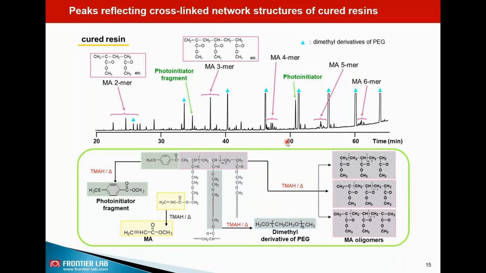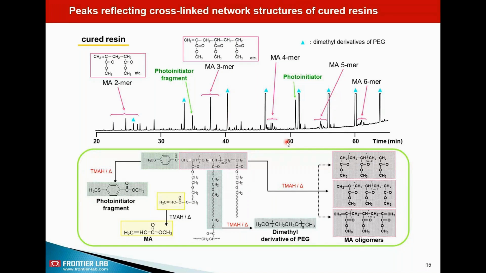The good thing in this PYGCMS workflow, you do not need to have a separate reaction time. Normally, when you do any of this methylation or FAME analysis, you have to add this methylating agent, then allow for the reaction. But since we are dealing with high temperature sample treatment, this reactive pyrolysis is taking place instantaneously.